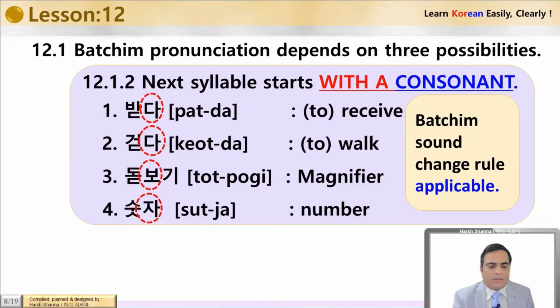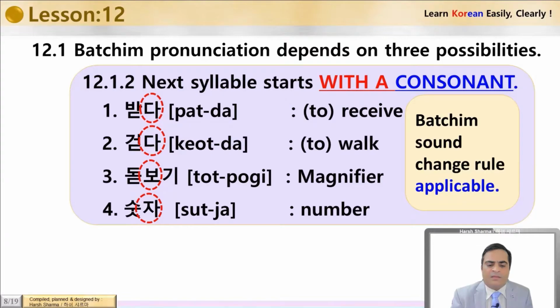Come to the second possibility. The next syllable starts with a consonant. See, there are 4 words on your screen. First is hatta. If you see Batchim in all these 4 words, you will see the next syllable is starting with a consonant.